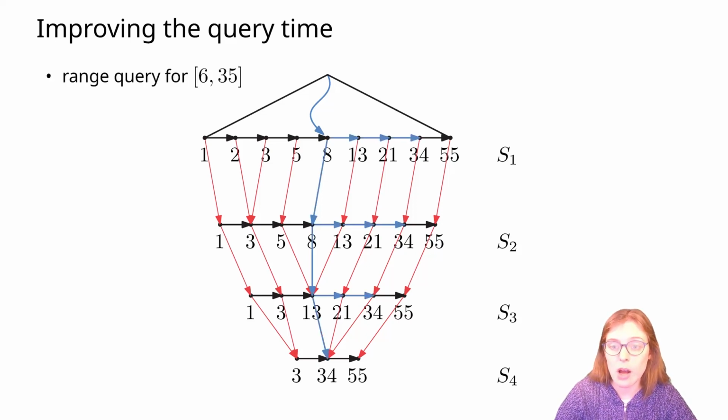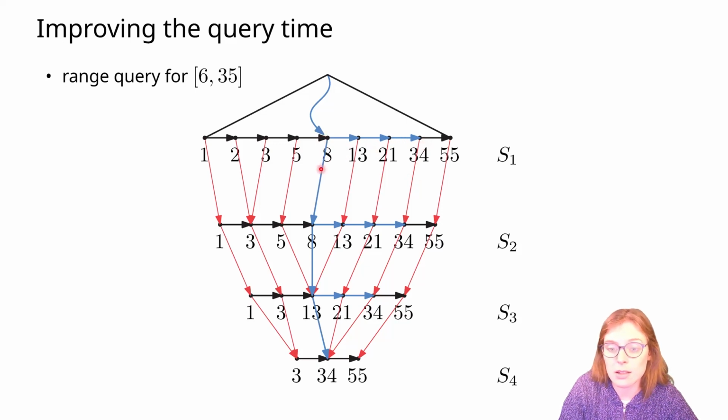Now, to answer a range query within each set, we are going to search for the left endpoint of the range, and within each set linearly report all the points that fall in the given range.